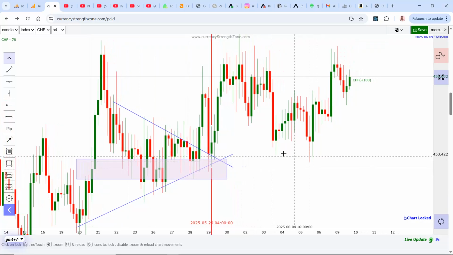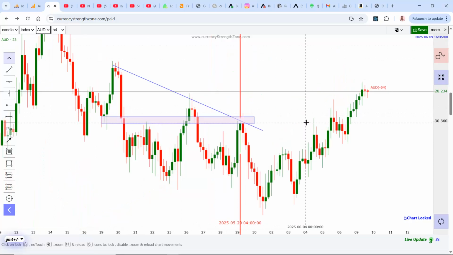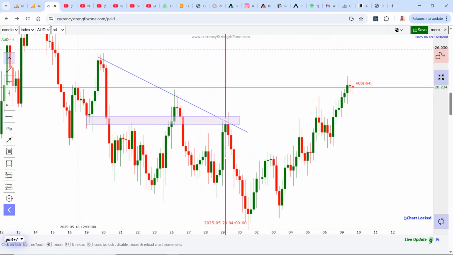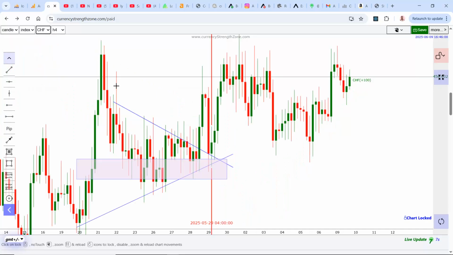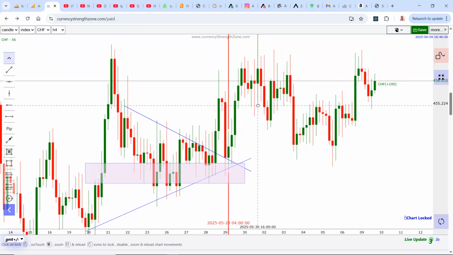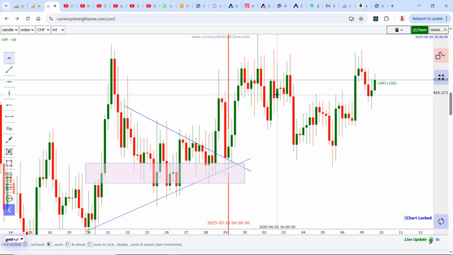So Aussie index is willing to sell, Swiss franc was willing to buy. So the market equilibrium and agreement is valid.